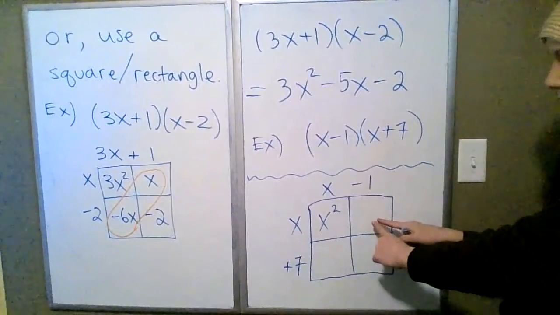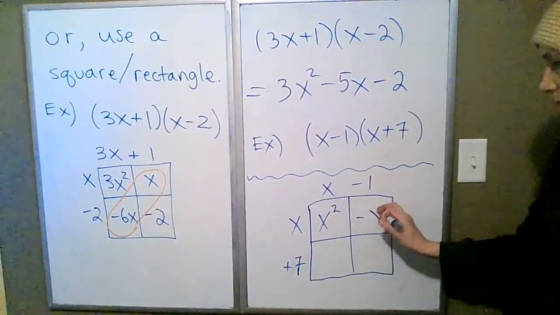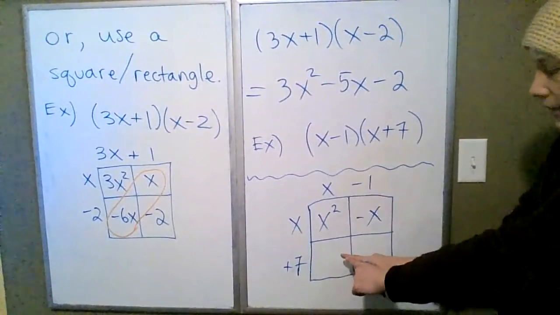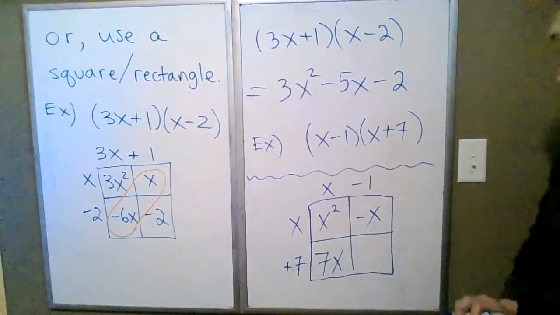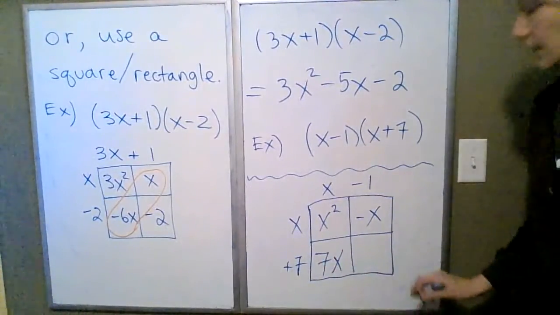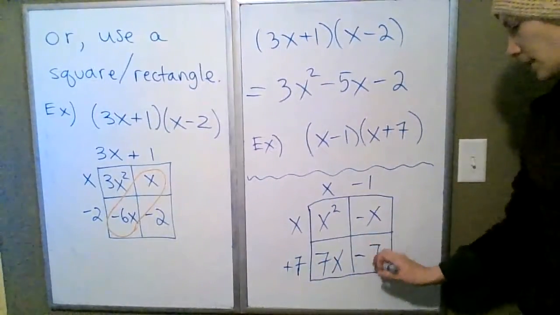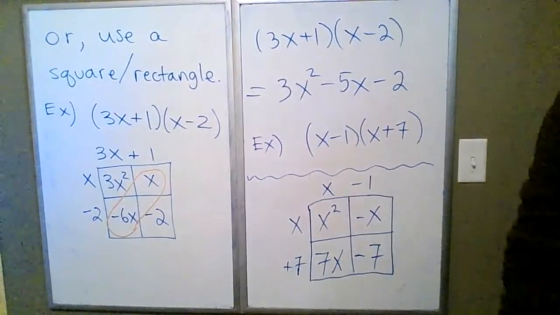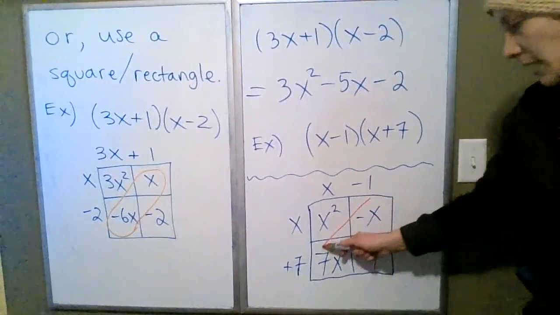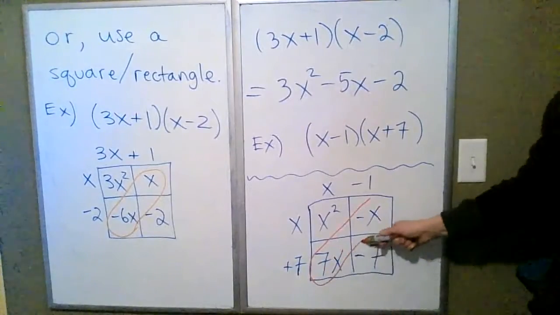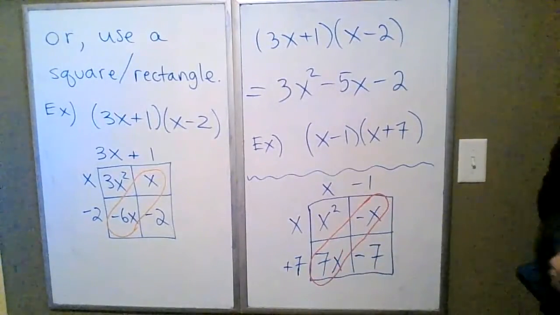And negative x. 7x. Negative 7. And you have like terms, these x values, a positive 7x and a negative x will be 6x.